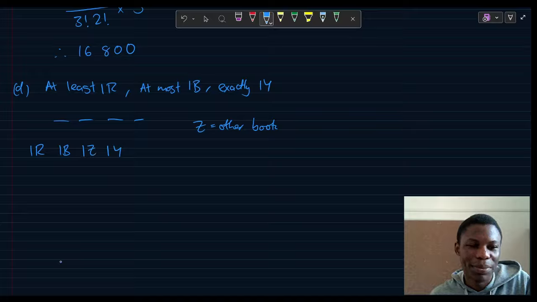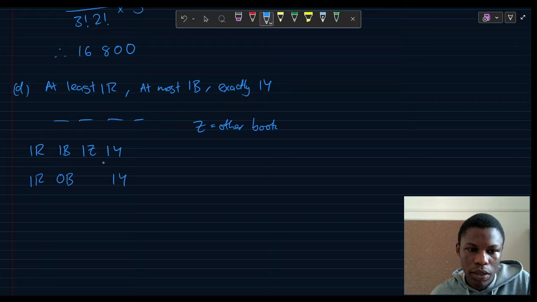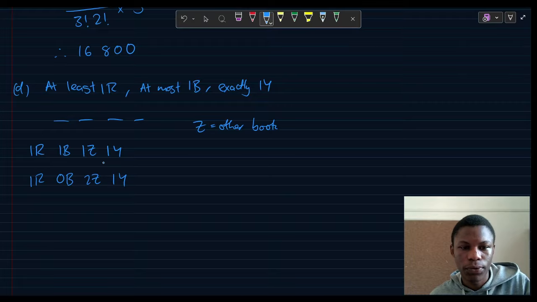And what are the other possible combinations we could have? We could also have 1 red and then 0 blues. We need 1 yellow, and this means that we must have 2 other books, which still adds up to 4.